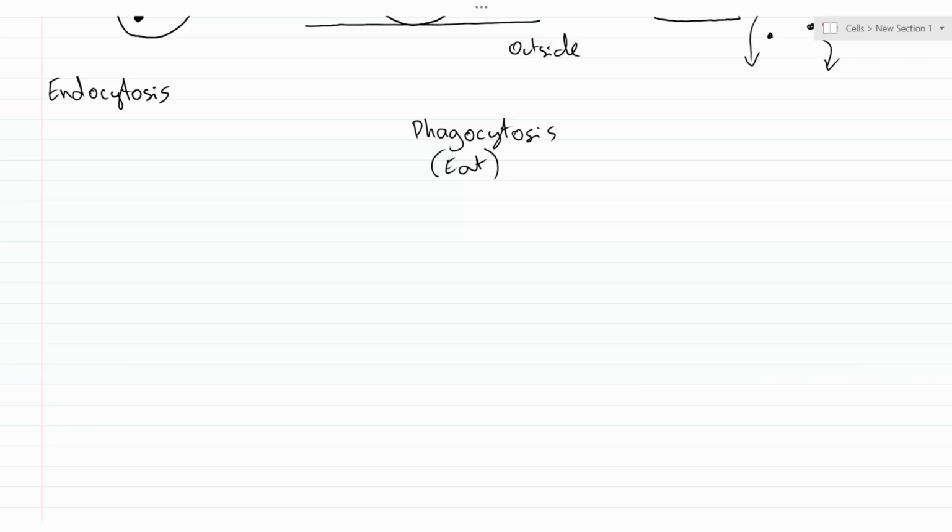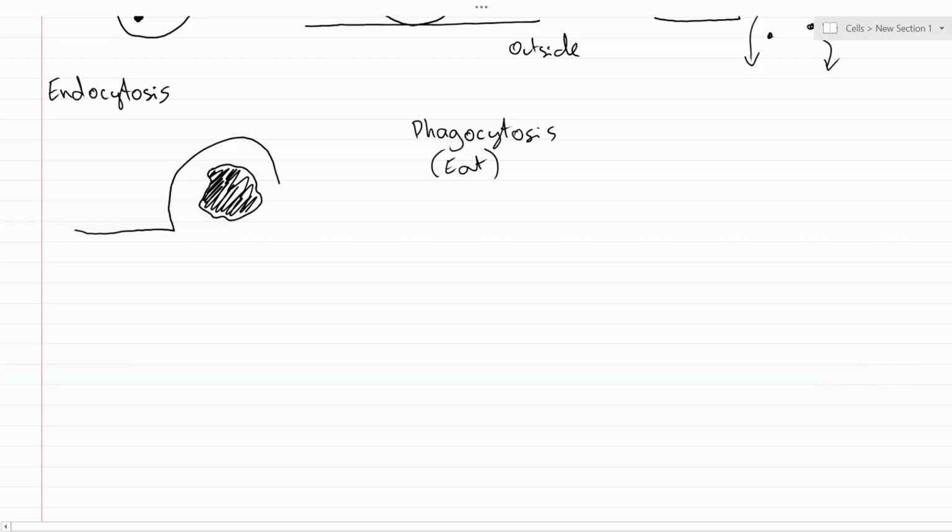So what we'll see is, say we have a particular large molecule on the outside of the cell. What's actually going to happen is the cell membrane is going to start to fold around it. Remember, this is the outside of the cell, this is the inside of our cell.